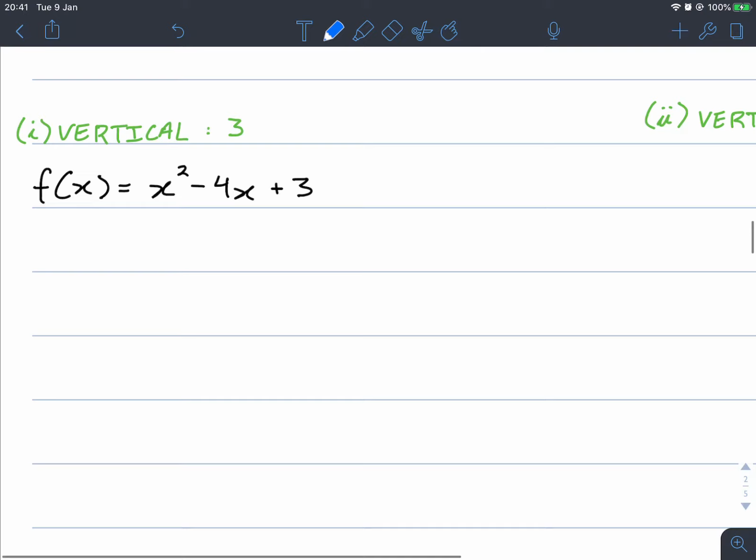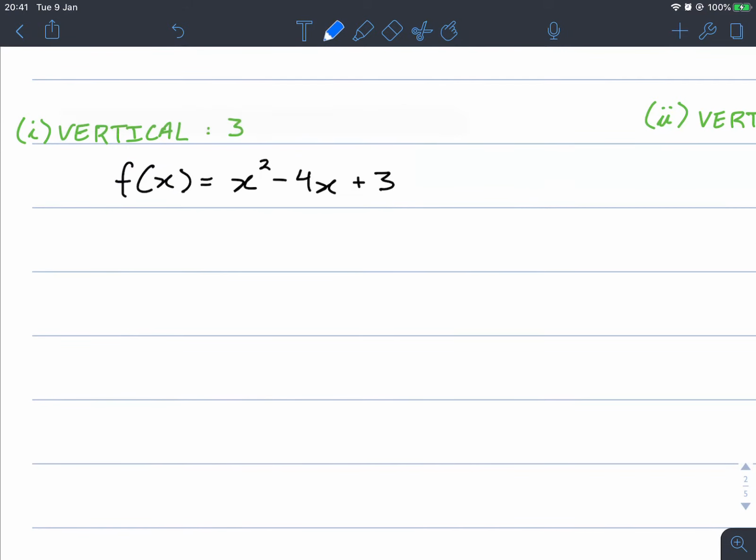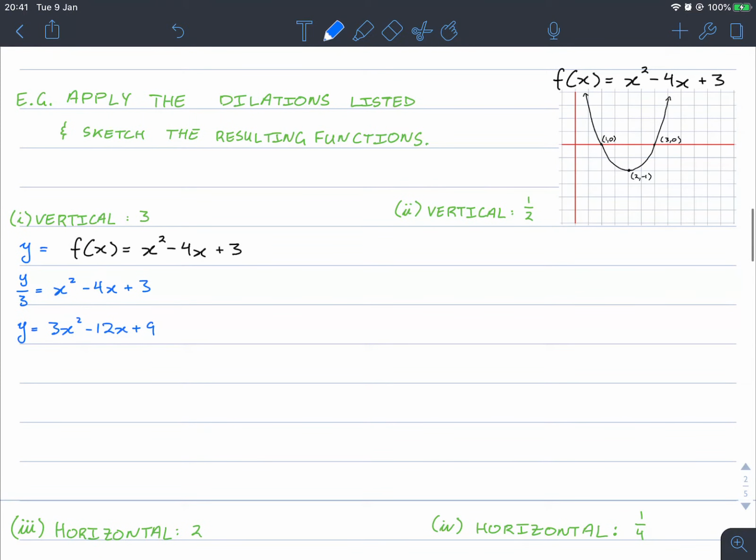So here we have y over 3 is equal to x squared minus 4x plus 3. We resolve this, y equals 3x squared minus 12x plus 9. And now this would look like the following. Copy this.